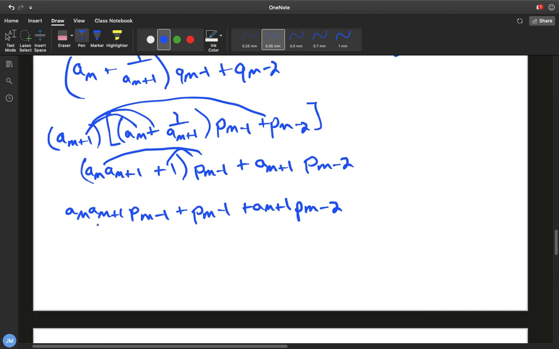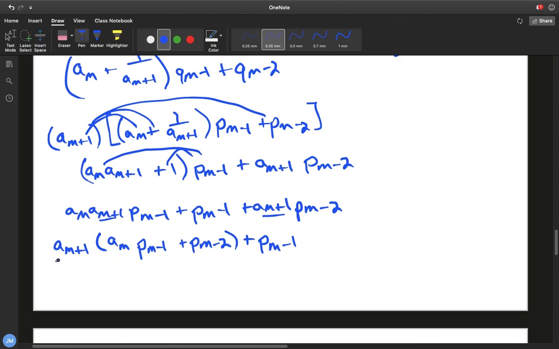In this case, we can factor out the a sub m plus 1 from the first and third terms. So if you factor that out, a sub m plus 1 multiplied by, in parentheses, a sub m p sub m minus 1 plus p sub m minus 2. And then notice that we're still going to have a p sub m minus 1 out here that doesn't have an a sub m plus 1 that can be factored out.